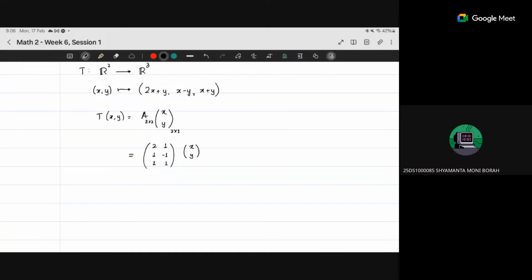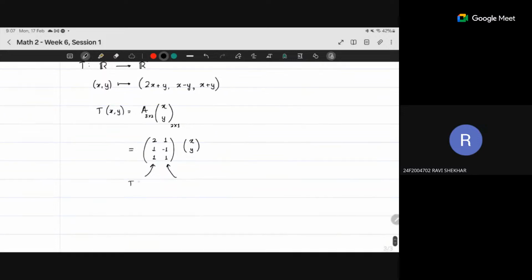Now, if I'm given an arbitrary linear transformation, how do I find the matrix of that linear transformation? What you need to observe is, what are these column vectors? Do you see some relation with T of E1 and T of E2?